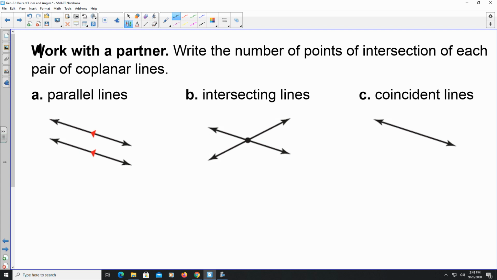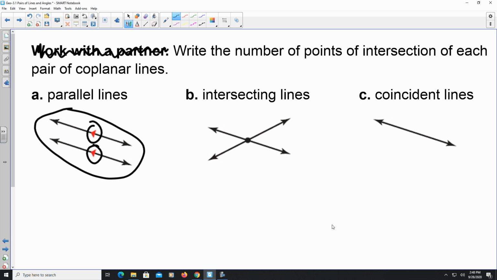You don't necessarily have to work with a partner, but parallel lines are any types of lines where the two lines don't touch. If you look here, this is an example of two parallel lines. How can we know that they're parallel? Well, these two arrowheads along the end of the lines give us a symbol that the lines are in fact parallel.